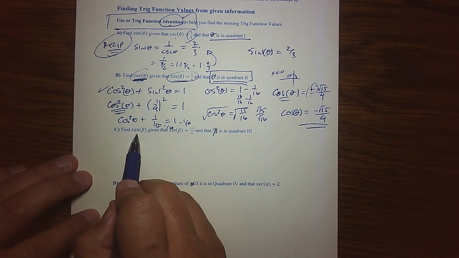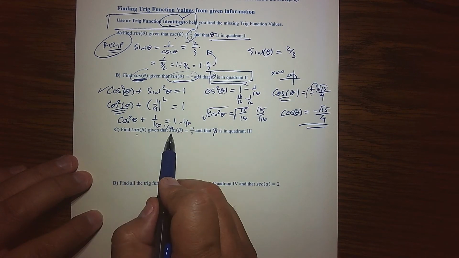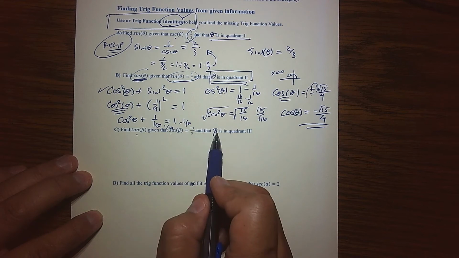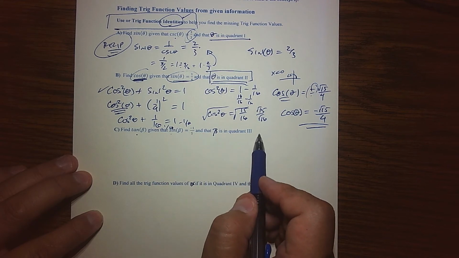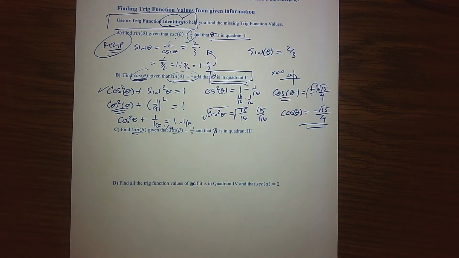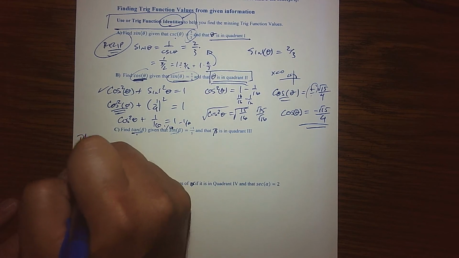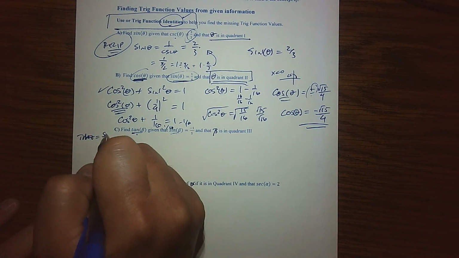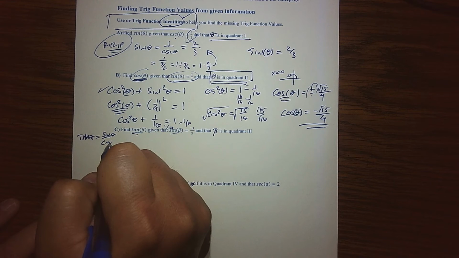They want us to find the tangent of beta, given that the sine of beta is -1/5 and beta is in quadrant 3. So again we're trying to find something that relates tangent to sine. When we put our thinking caps on, one thing students constantly say is, well, I know that tangent of theta is sine over cosine.